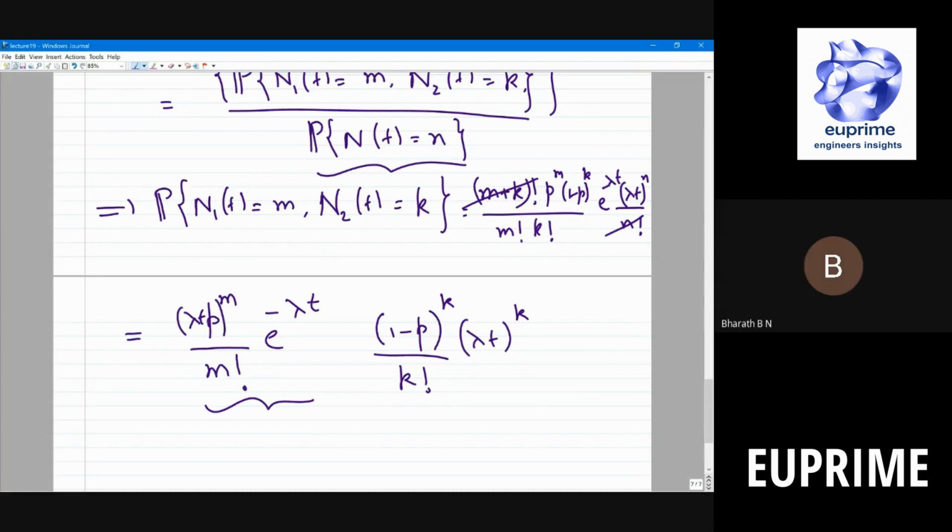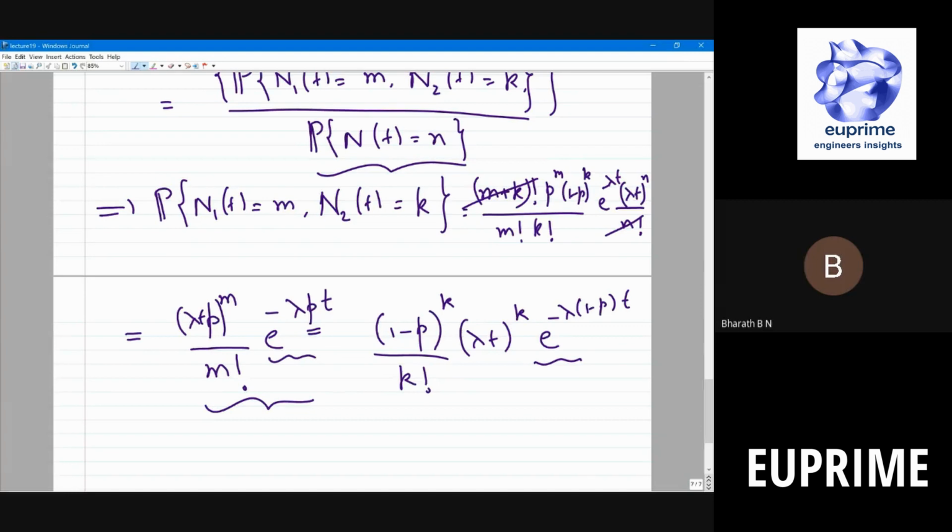Now, what can you say about this? I cannot say anything unless I put p here. Now what can I say? Poisson with parameter lambda p. If I have to get this, remember, I have inserted p here, so I will insert 1 minus p here. If you take the product of these two, you will get e^(-lambda t).